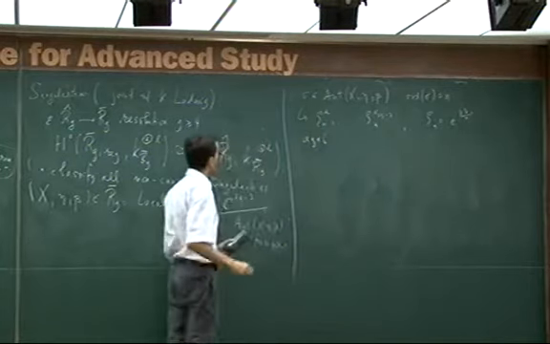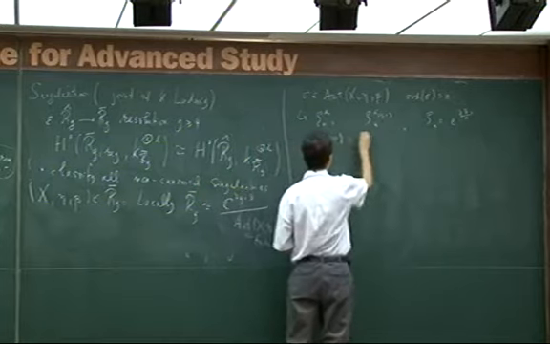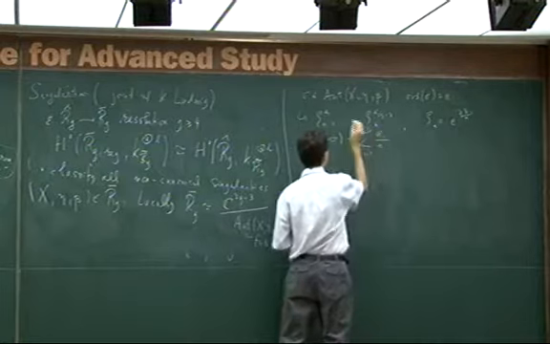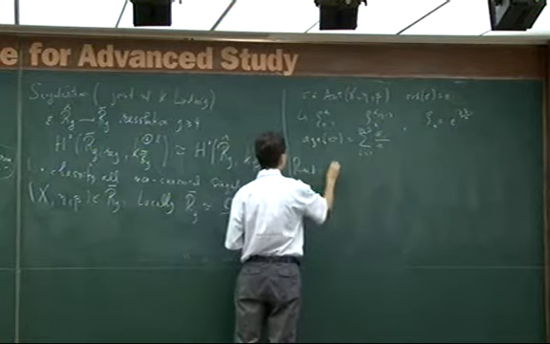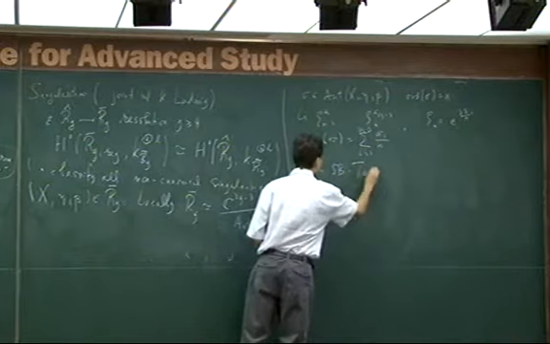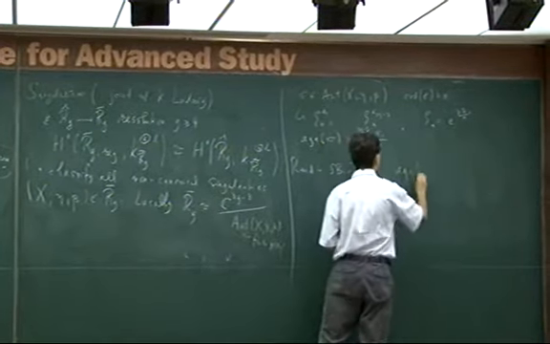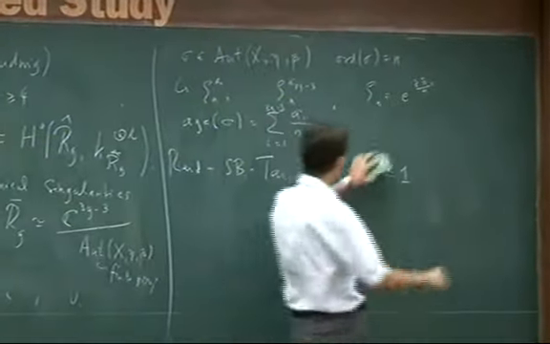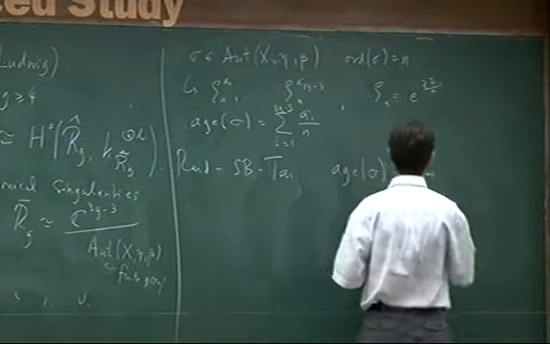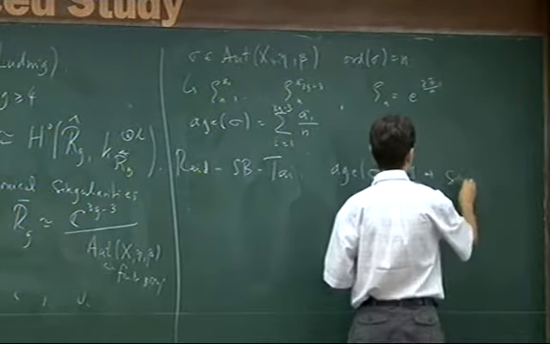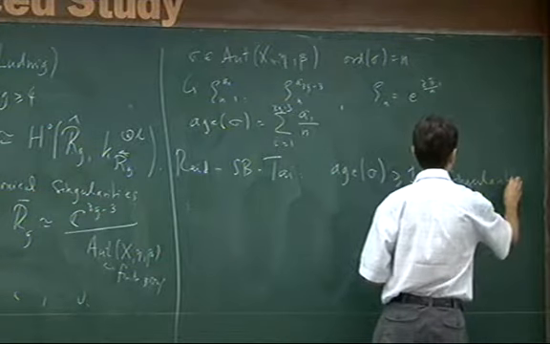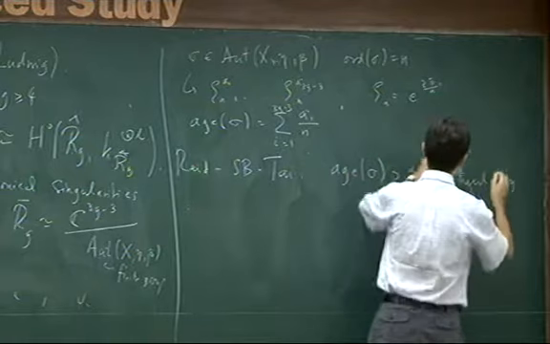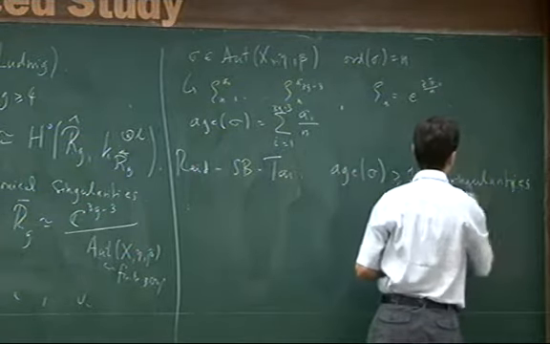I define the age of sigma to be the sum of the a_i divided by n. The Reid-Shepherd-Barron-Tai criterion says that whenever the age is greater than or equal to 1, the singularity is canonical.